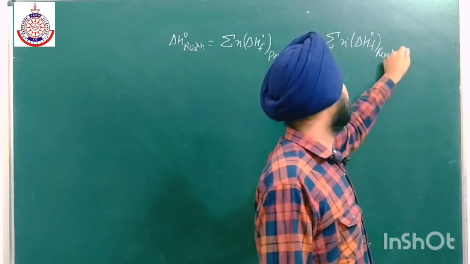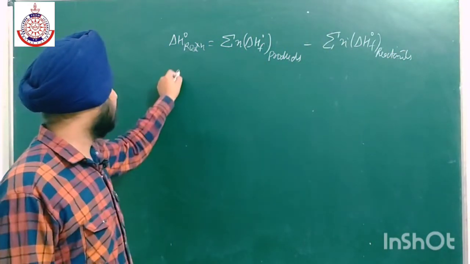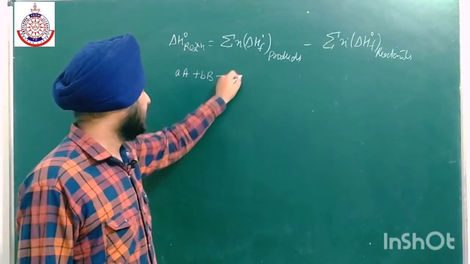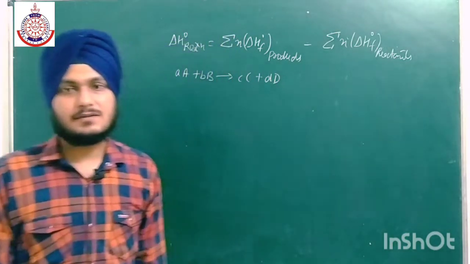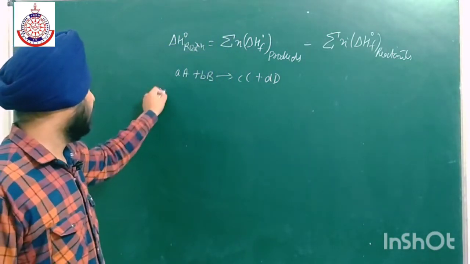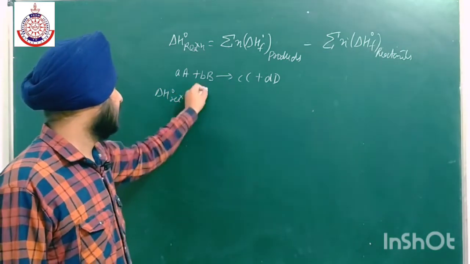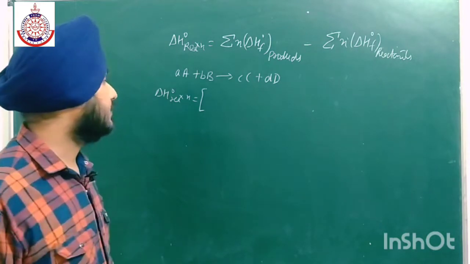Okay, for example, a general reaction: A plus B gives C plus D. For this particular reaction, the delta H naught of reaction is, firstly, we have to take the moles of product into delta HF naught.